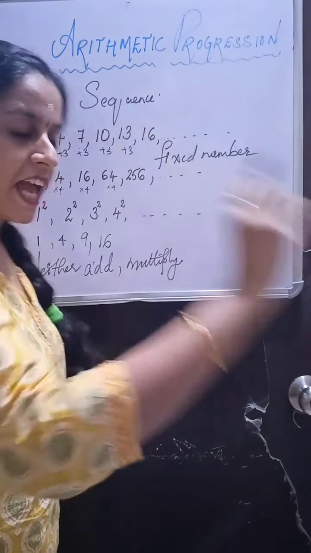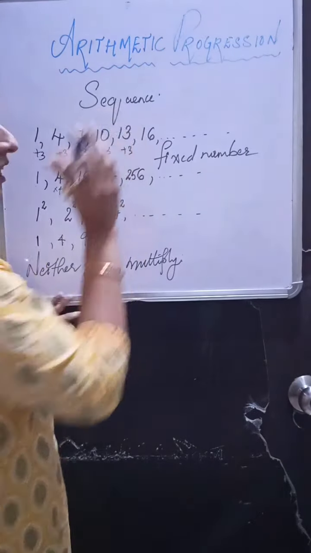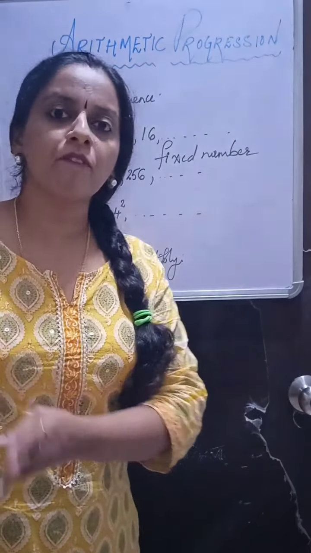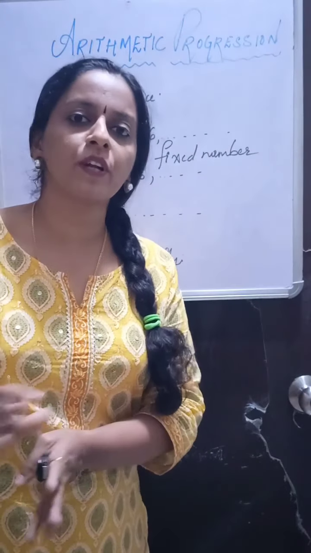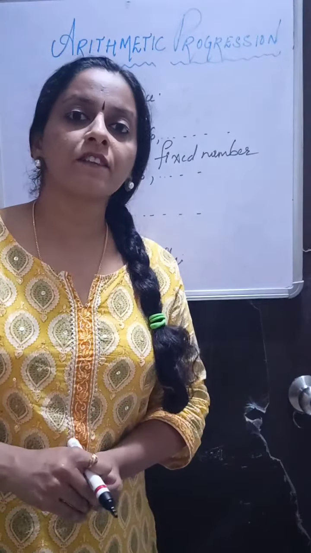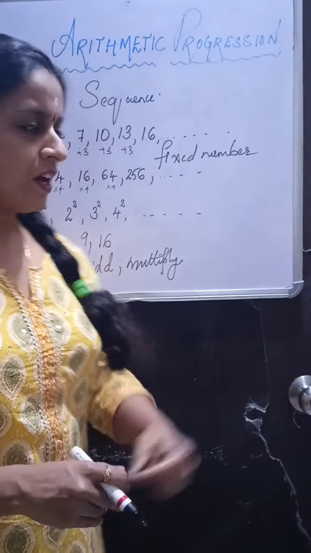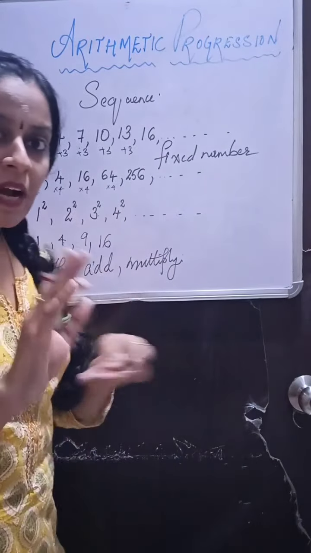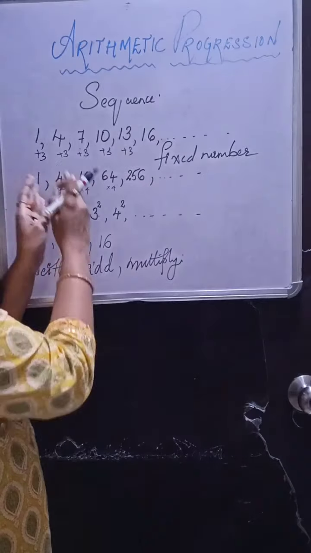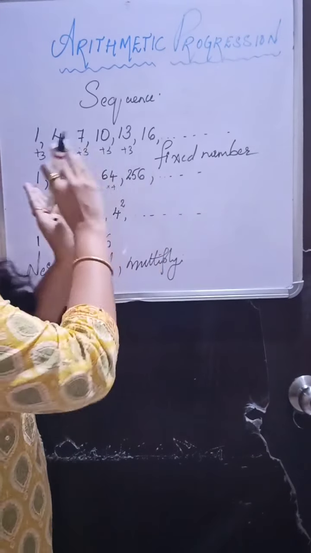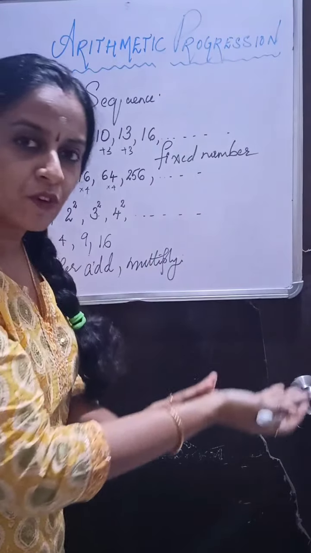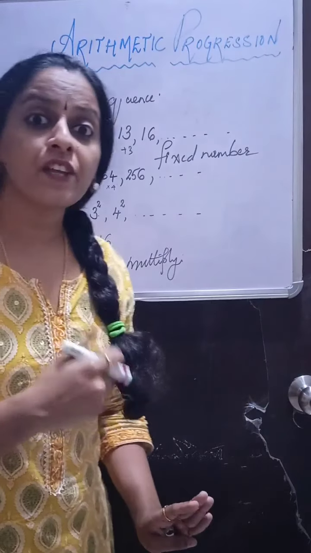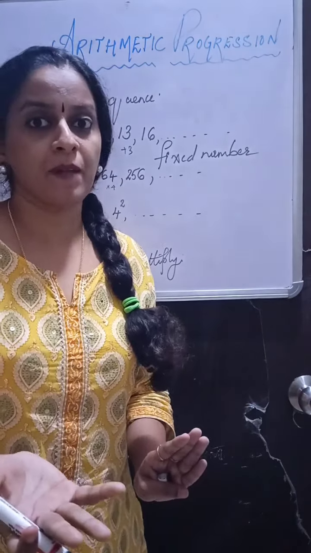By adding that same constant to the third, you will get the fourth. This type of arrangement of numbers is called an arithmetic progression. Now here, when you multiplied the first term by 4, you got the second. Again, when you multiplied the second term by 4, you got the third, where you are multiplying by the same number.